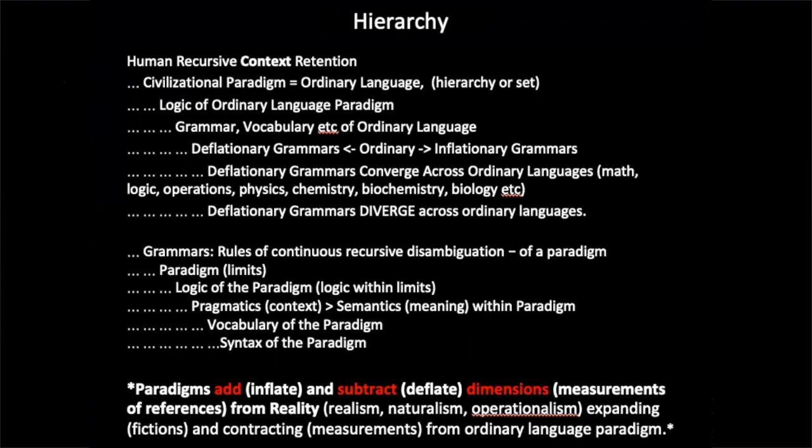But the difference is that while the ordinary languages vary quite a bit, Swahili varies a lot from Italian, and Chinese varies a lot from English or German, all of those grammars, whether deflationary, going down to accounting and mathematics and logic, or inflationary, going up to magic and pseudoscience and theology and mythology, the logic remains the same because the dimensions we share at each level of deflation or inflation are the same.